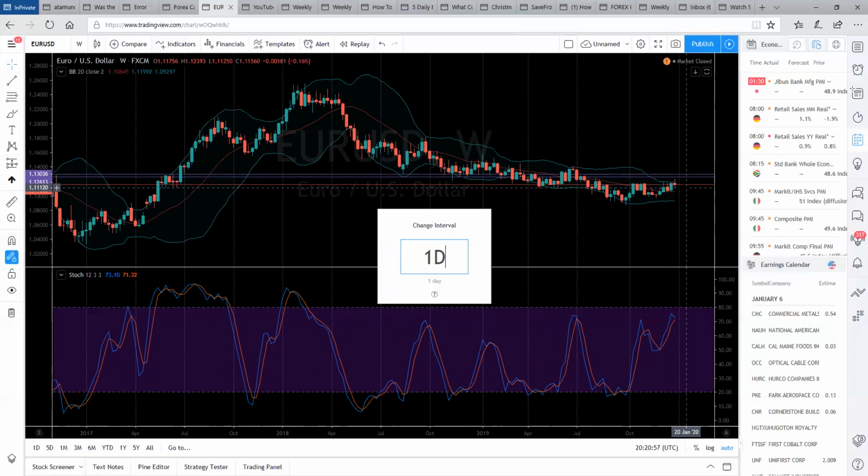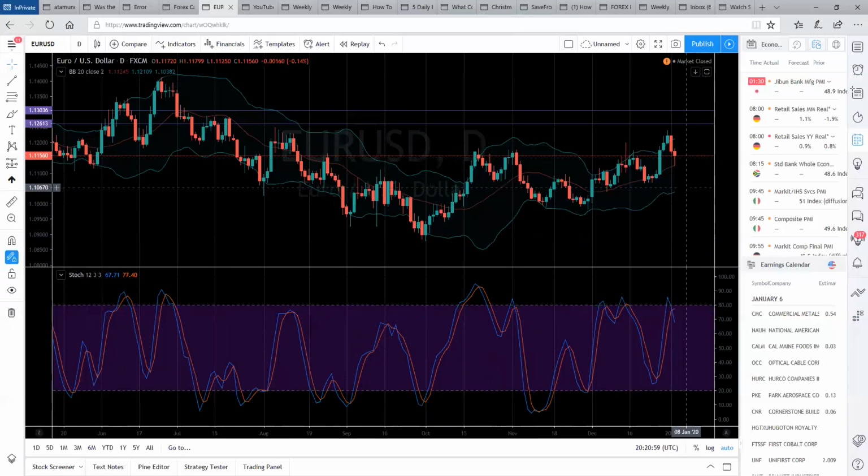So let's look at what we do on a daily basis. And now for daily, we already have prices testing this and going back upwards.